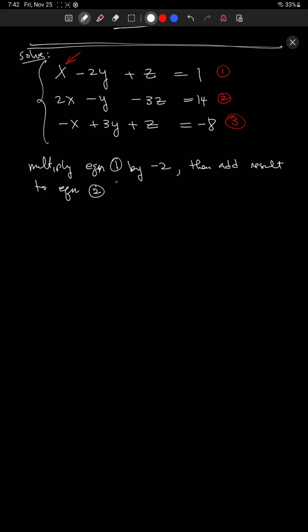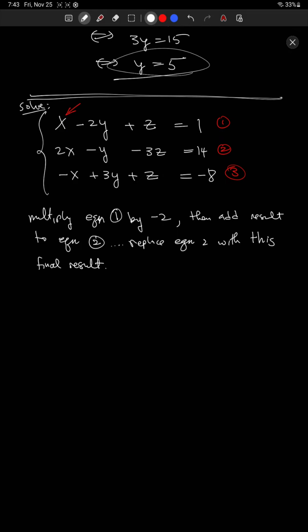All right, and what's going to happen is replace equation 2 with the result, this final result. Okay, so I'm going to be multiplying this first equation by minus 2.